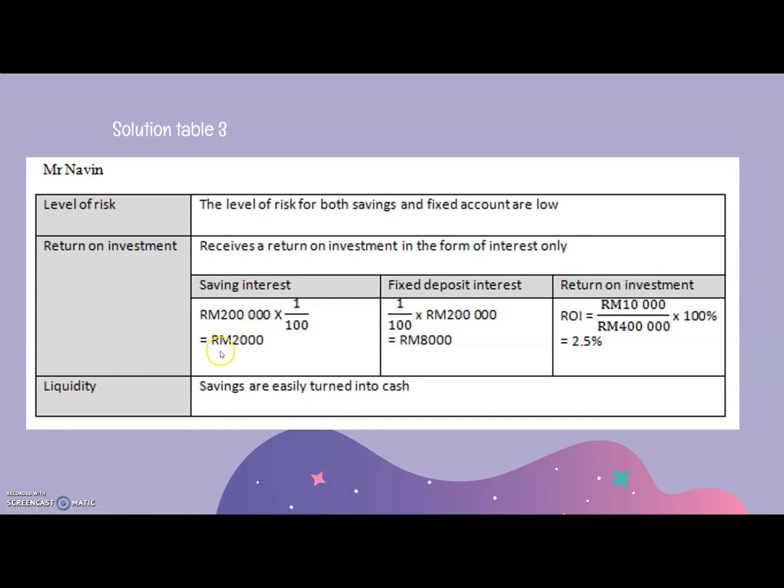The saving interest for Mr. Nevin is RM 2,000 after calculation, and the fixed deposit interest is 4% times 200,000, equals RM 8,000, and the ROI equals 2.5%. So far Mr. Nevin has the lowest ROI compared to Mr. Leong and NTSID. And the liquidity for Mr. Nevin's savings is that they are easily turned into cash.